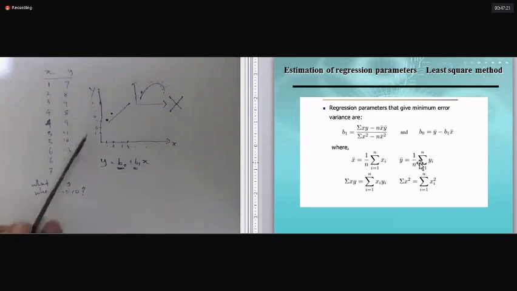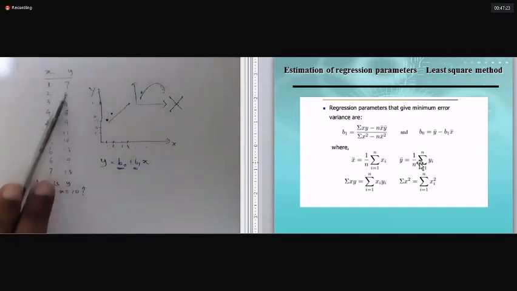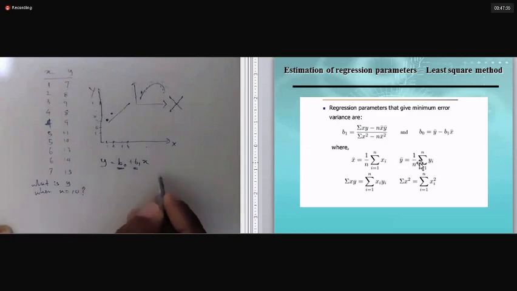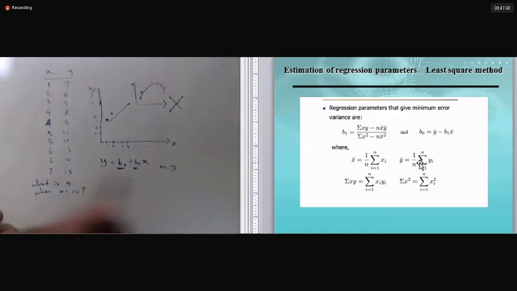Now similarly, you can find y bar also. So take the sum of these values and divide it by 10. You will get y bar. So how to find the other things? It is better if you can extend this table. Now, for example, let's say we have x value and y value here.